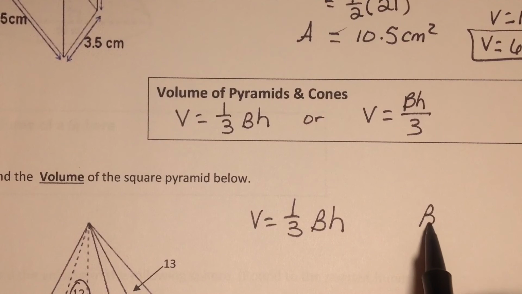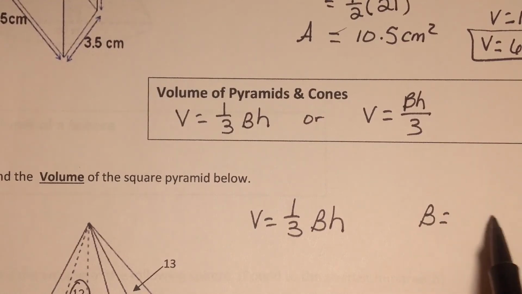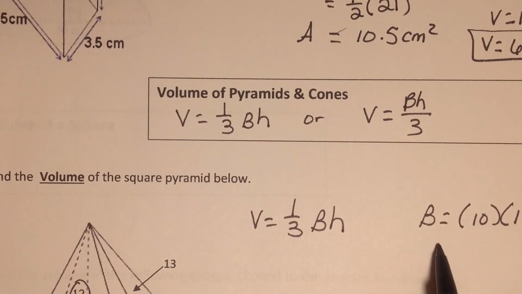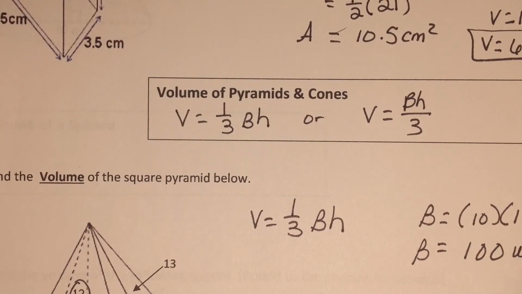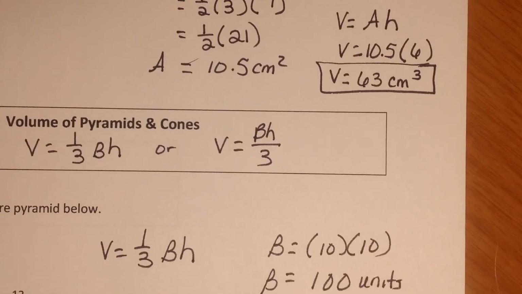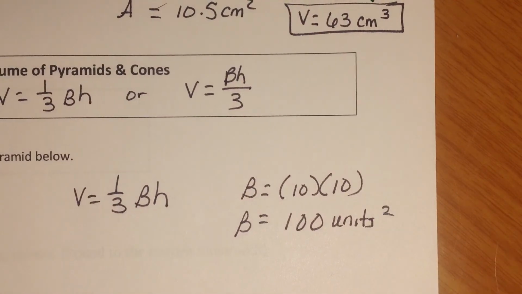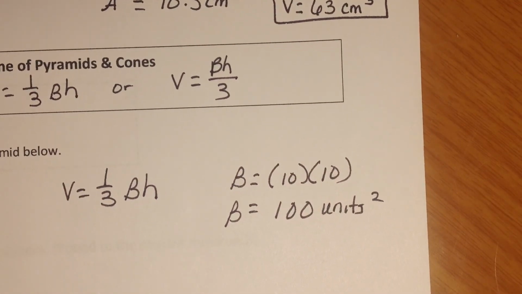The area of my base, it is a square, so it is a 10 by 10. So the area of my base is 100. I'm just going to put units squared, because I know it's square units, I just don't know what units those are.